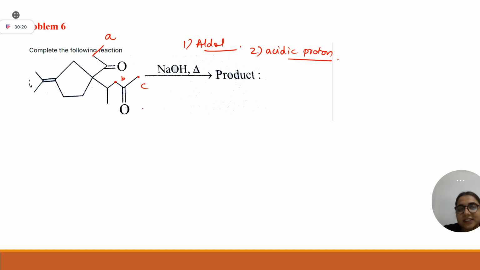There is no significant difference between the acidity of these hydrogens, right? So what we can do is we just do one by one. Let's say you are abstracting proton from B carbon, so how many member ring will form? 1, 2, 3, 4. As per Baldwin rules, is a 4 member ring possible or not?